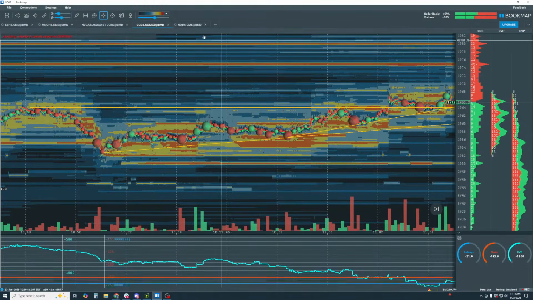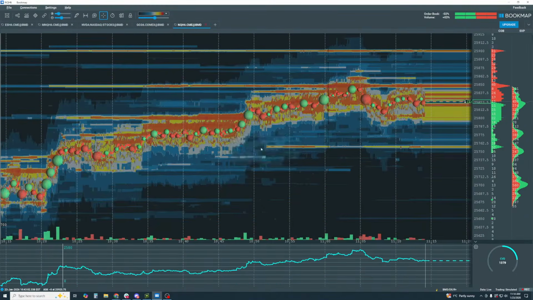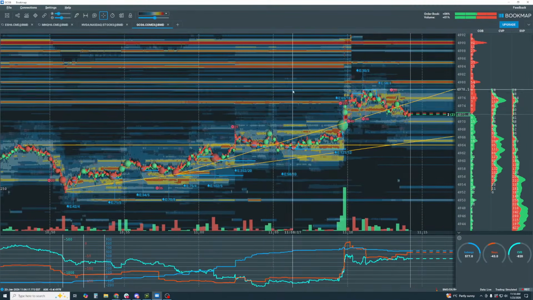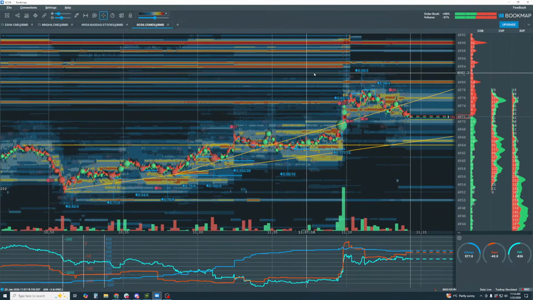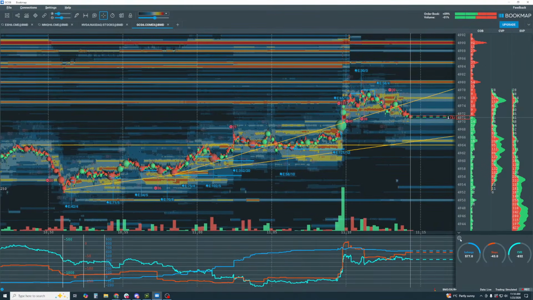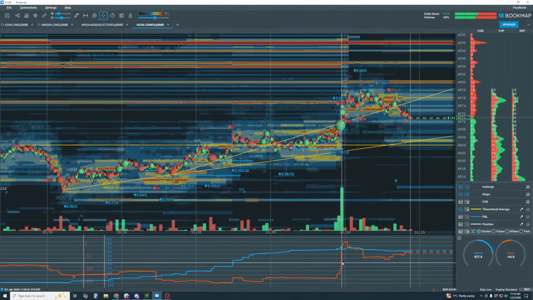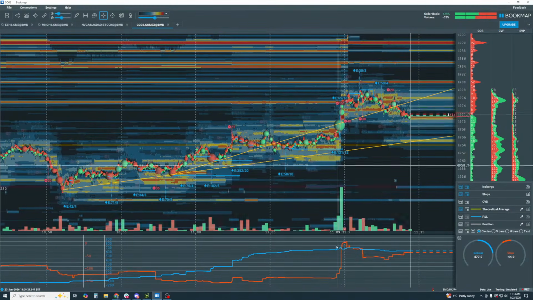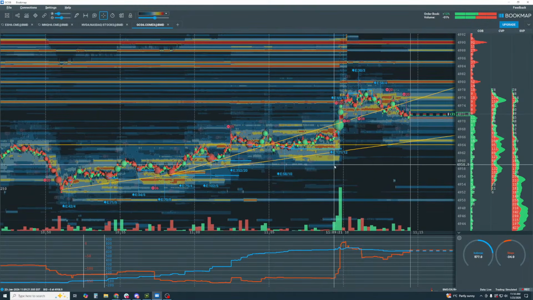Okay. And I'm going to close the NQ over here. We don't need this. Looking at the MNQ. Okay, there's our stop run, right? Right there, beauty. This is the kind of stop run I thought we'd get in the ES.